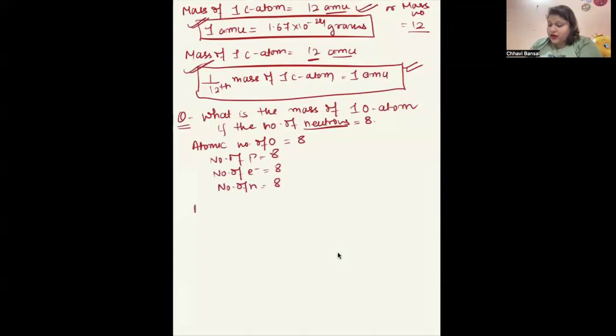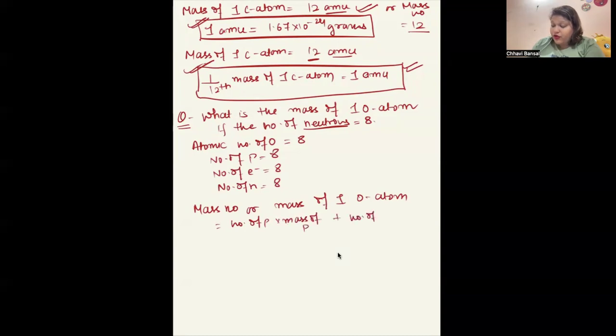So from here, can I write mass number or mass of one oxygen atom will be equal to number of protons multiply mass of proton plus number of neutron multiply mass of neutron, right?